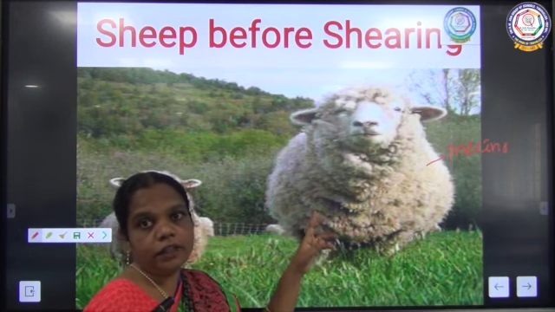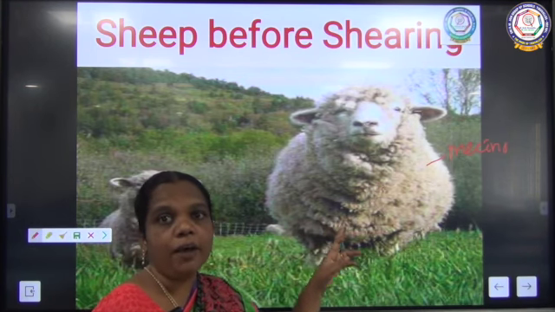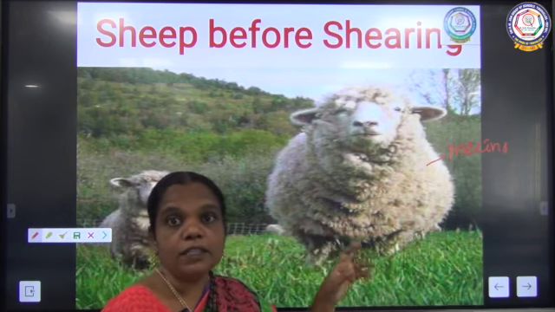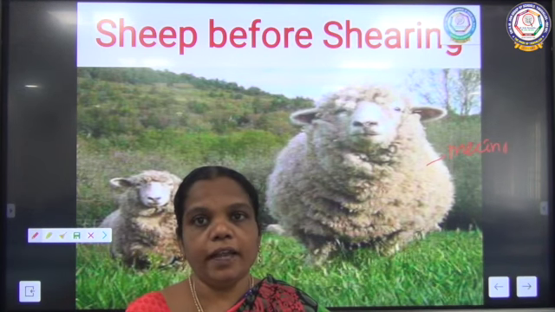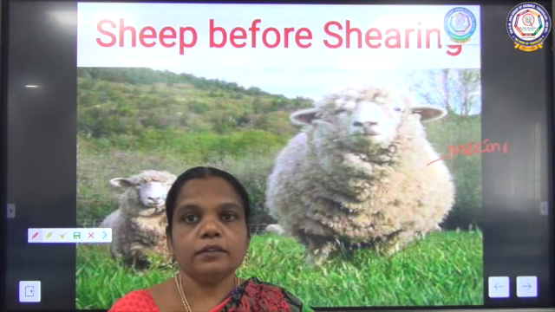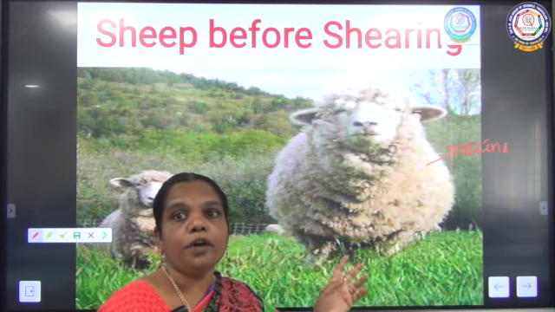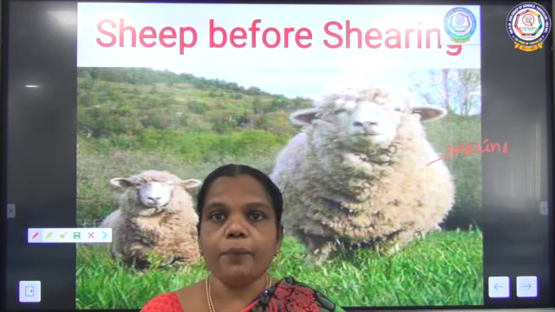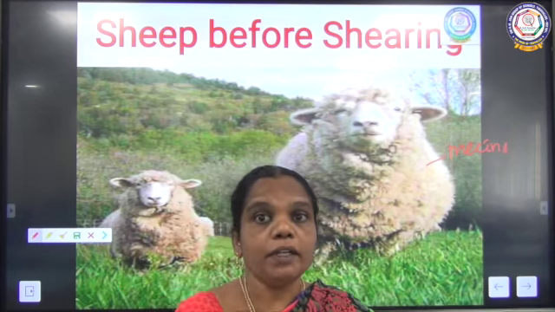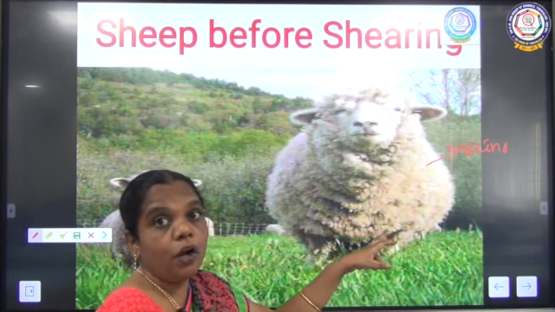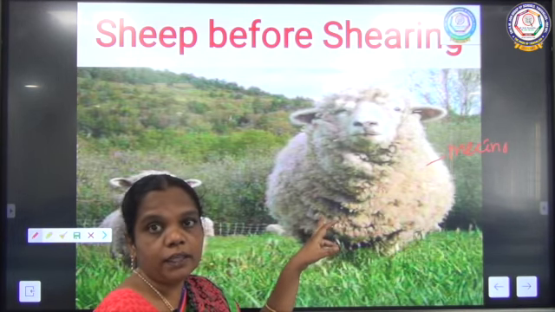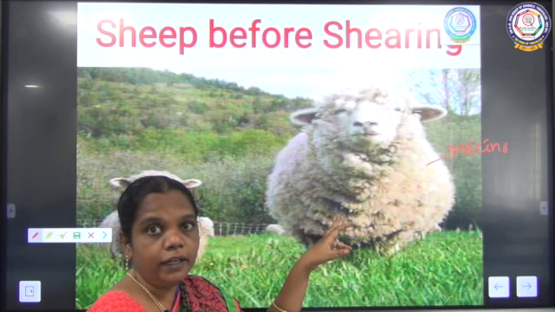Why is this Merino sheep very famous? The wool from this sheep is very soft and light in weight, so this wool can be used for making woolen fabrics. So one of the important breeds from which we take wool is this, produced in the country Spain.